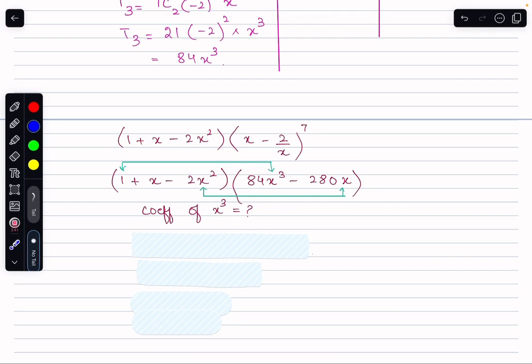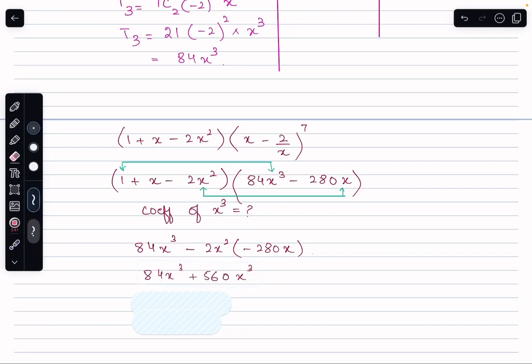Therefore, it's the product of 1 times 84x cube and negative 2x square times negative 280x here. So 1 times 84x cube is 84x cube, and negative 2x square into negative 280x gives 560x cube, so 84x cube plus 560x cube is going to give us the answer, which is 644x cube here.